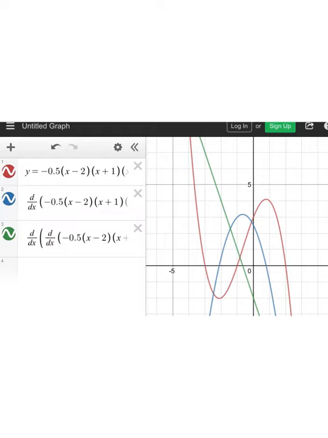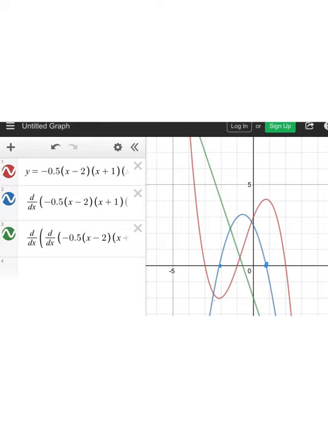Just because mine was not very nice, I do have these graphs from Desmos in here. So we have our red is our original position function. Now remember, with this blue velocity, whenever our slope on the position function was 0, that represents a 0 in our velocity function.